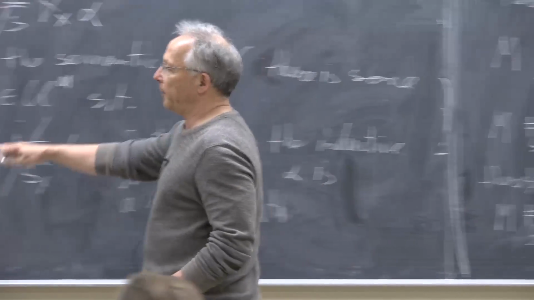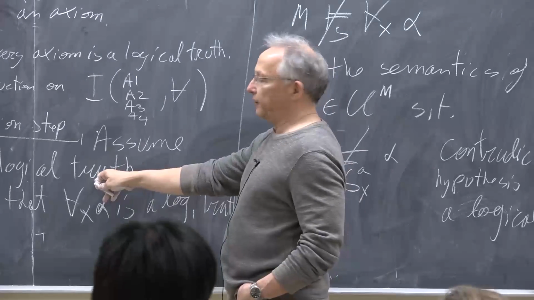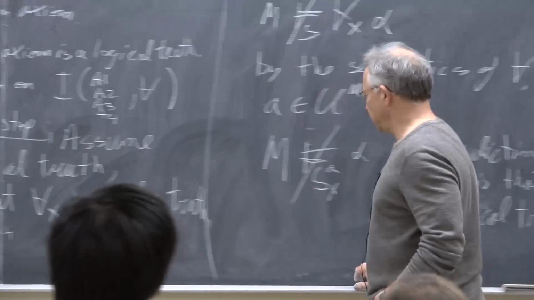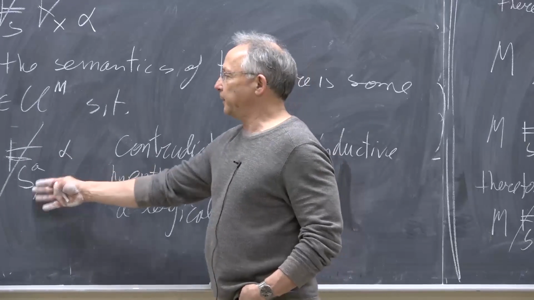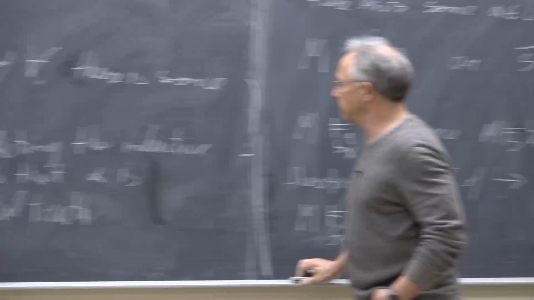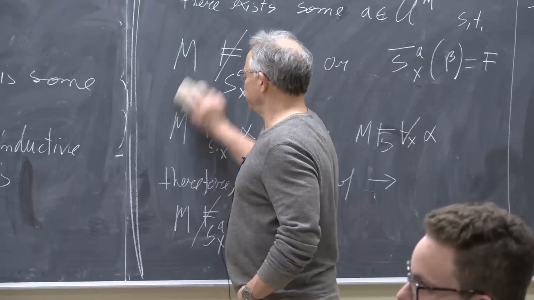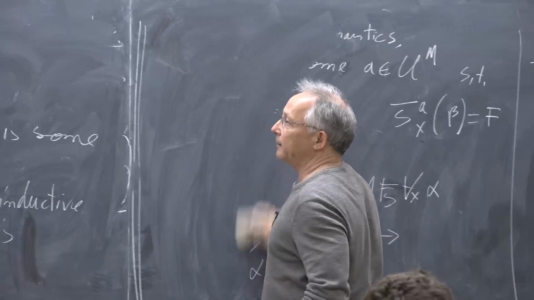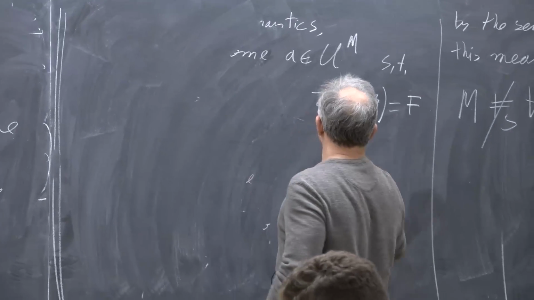Because we assume by the induction hypothesis that alpha is a logical truth, we have to show it for all x alpha. And suddenly we got an assignment under which alpha fails. So this finishes case 1 of the base case.